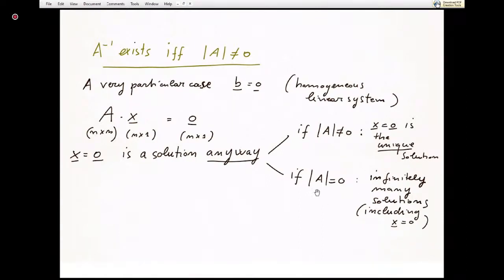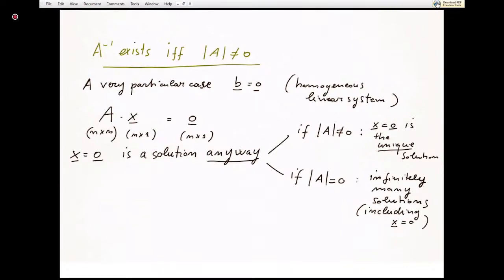If the determinant is equal to 0, there are infinitely many solutions, including the trivial one. This will be the case where we focus in the next set of slides, which is about, this is a crucial point, the eigenvalues and eigenvectors of a square matrix, which are basically what we use to compute the solution to linear systems of differential equations.